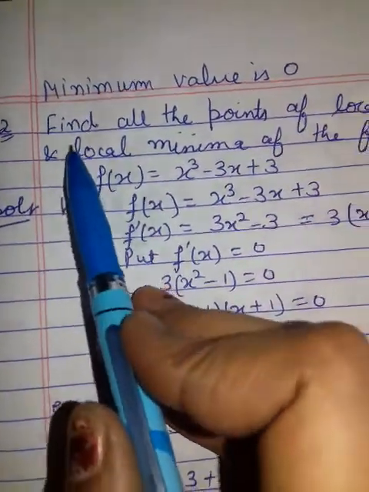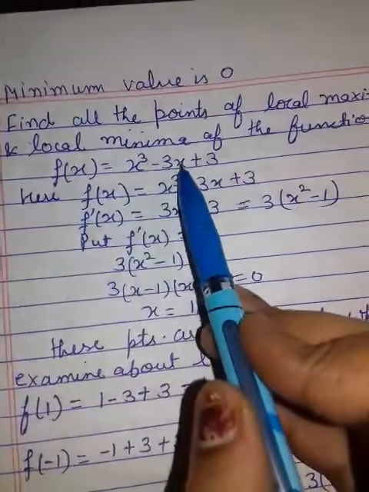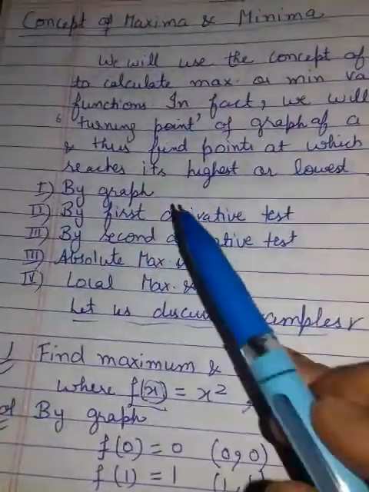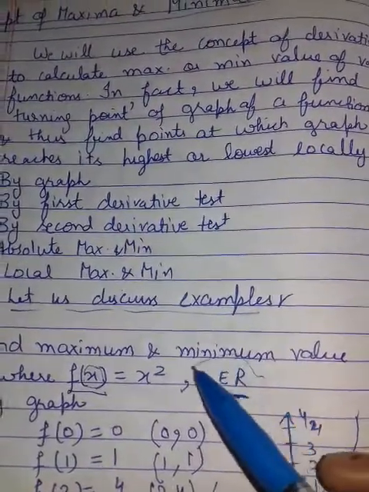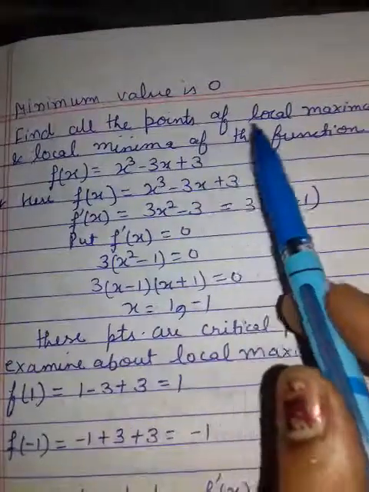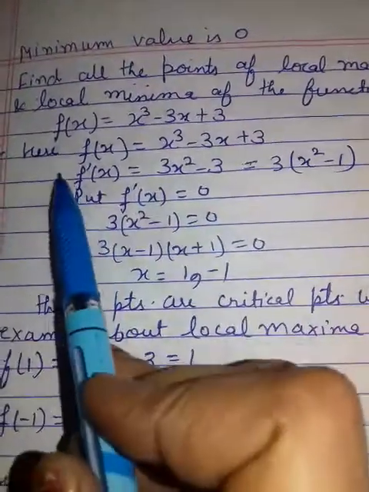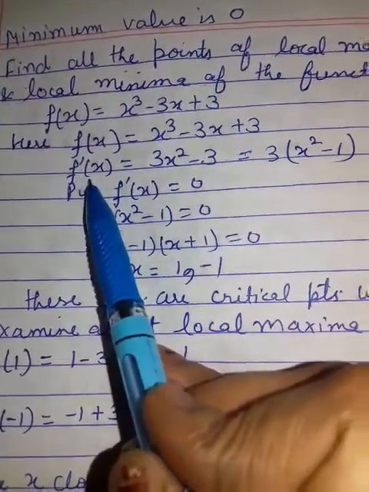Next one is, find all the points of local maxima and local minima of the function. In the first question I discussed the graph method, where you plot the points according to the limit given to you. Now we are finding all the points of local maxima and local minima of the function. F of x is given to you, you will firstly take its derivative.